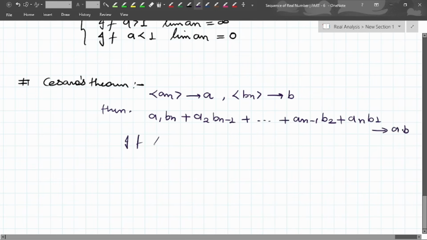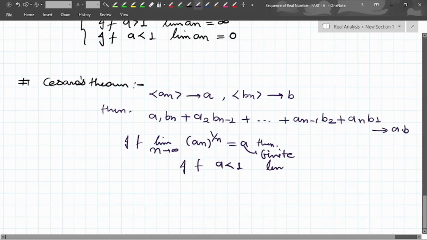Now, let's say I want to calculate the limit, as n tends to infinity, of an to the power 1 by n. If the limit is A, a finite quantity, and A is less than 1, then the limit of an is going to be 0, and if A is greater than 1, then the limit of an is going to be infinity.